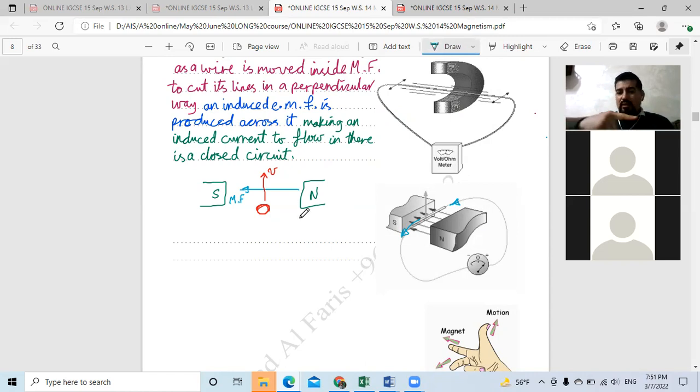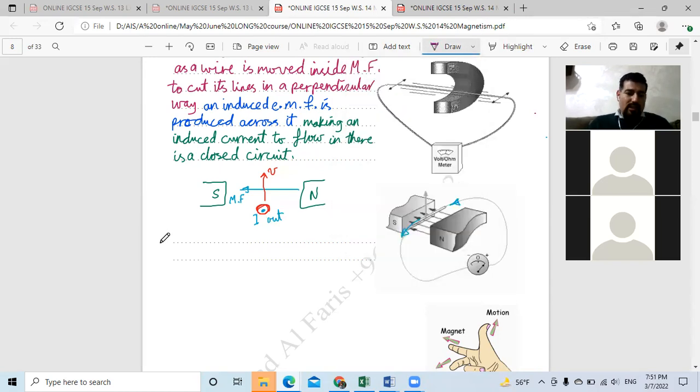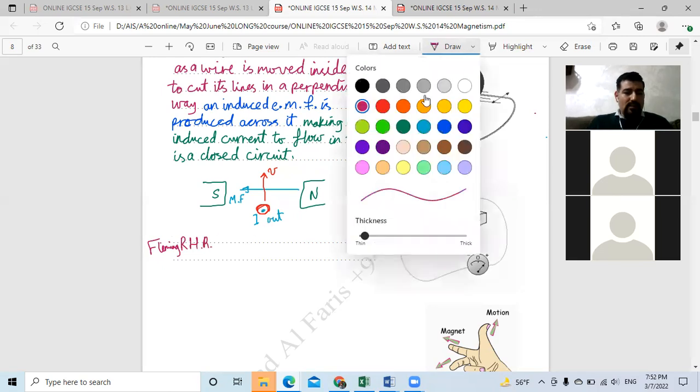In our question here, this is the first finger from north to south. This is the thumb going up, so the current is going out of the page. So this dot represents the direction of the current, which is what? Out of the page. How did I know that? By using, again, Fleming's right-hand rule. What does Fleming's right-hand rule state?